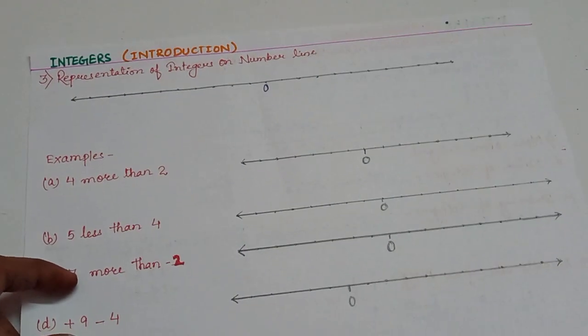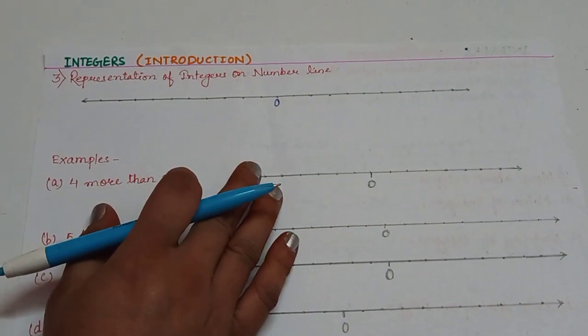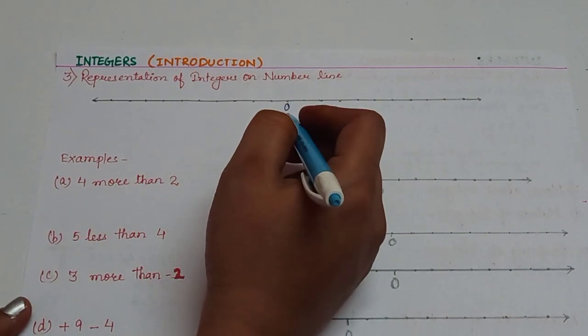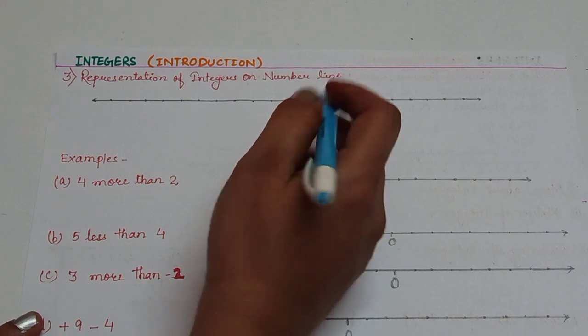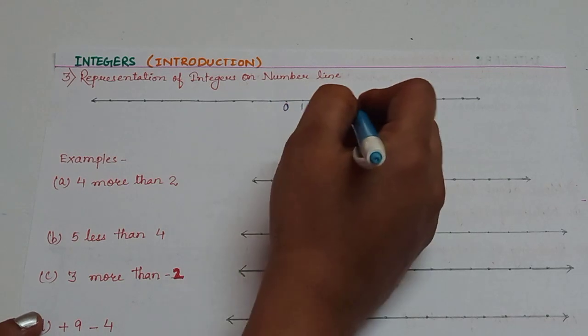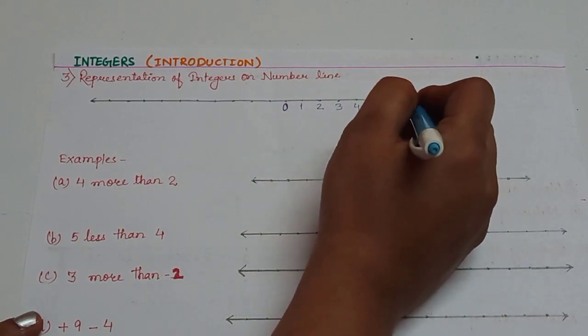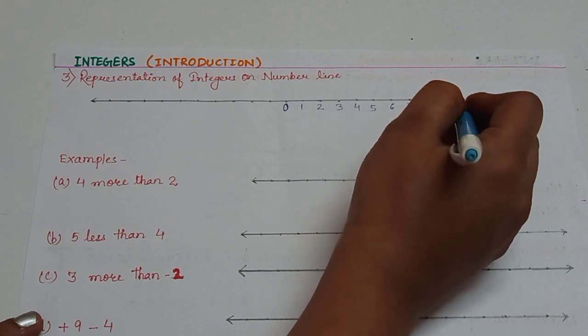Now let's get to another topic, representation of integers on number lines. As we know, the positive numbers always lie on the right of 0. So let's get back here. 1, 2, 3, 4, 5, 6, 7, 8, 9, 10.